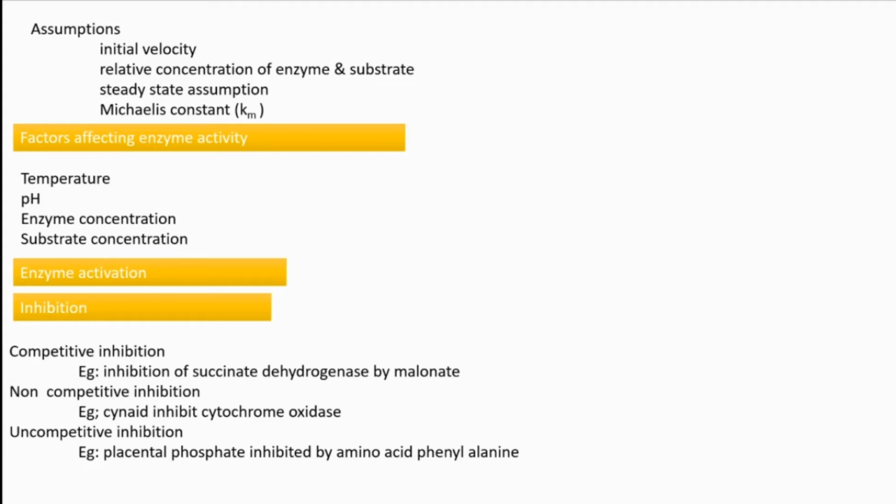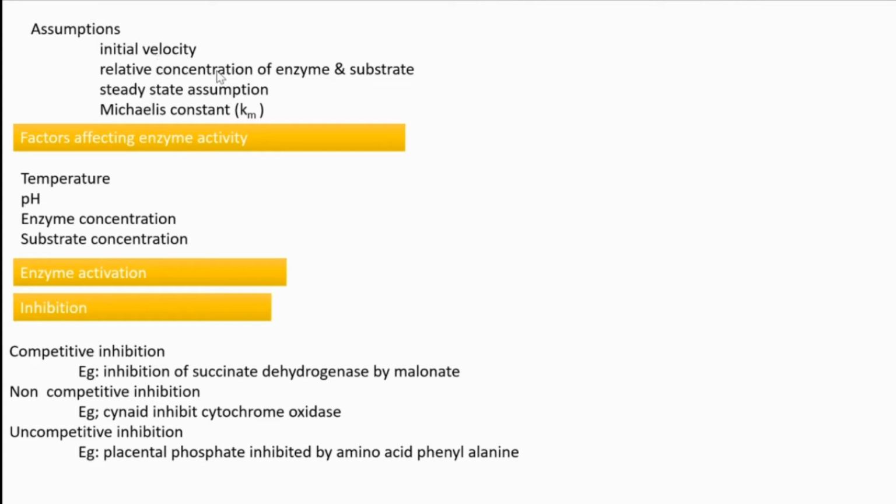That is initial velocity. And when we are measuring that initial velocity, it is measured immediately after mixing the enzyme with the substrate. Whenever we are adding the enzyme and substrate to the reaction medium, on the spot we need to note this initial velocity.